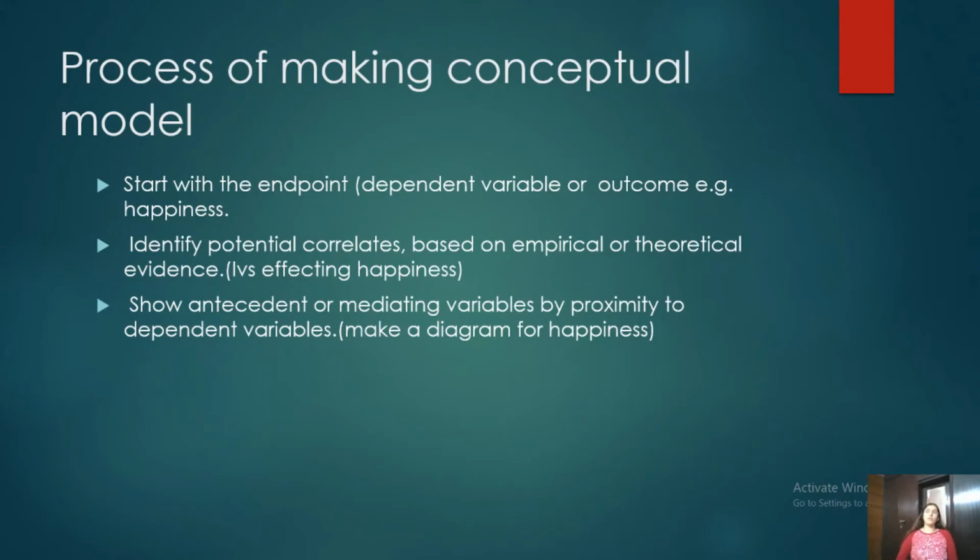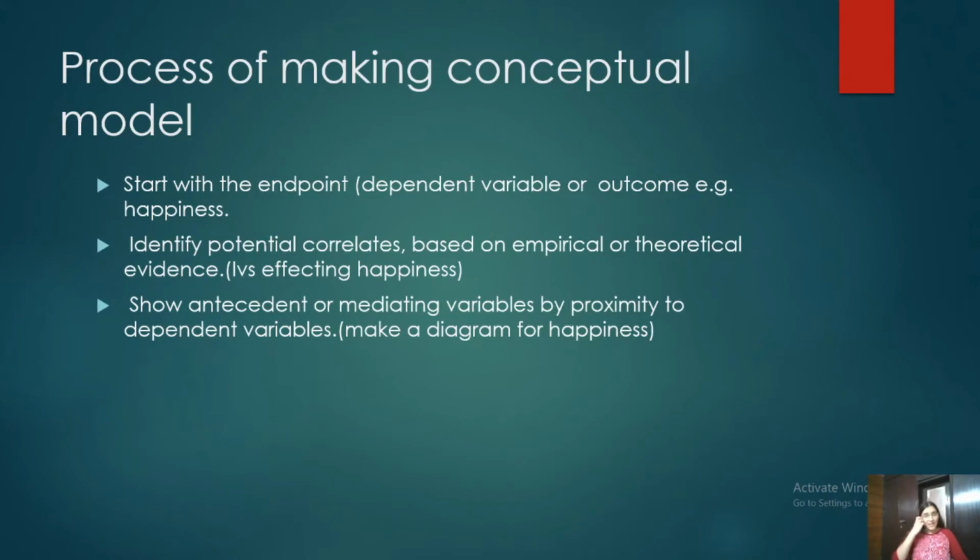Some of you might want to study customer satisfaction, brand image, whatever is your construct. I want you to go and study papers and find at least 5 IVs which affect that construct and put arrows from those IVs towards that one construct.